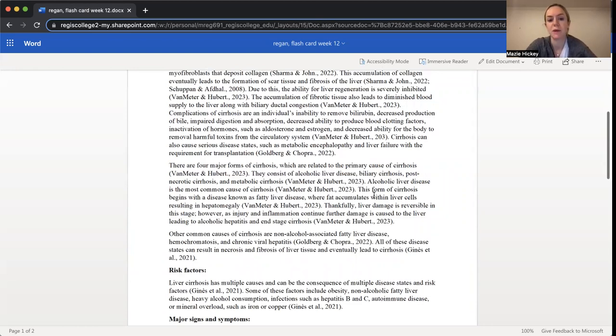However, if repeated injury and inflammation continues, like many times it does with alcoholism and heavy alcohol abuse, this causes further damage to the liver and leads to the disease processes that we spoke of earlier, causing alcoholic hepatitis and eventually end-stage cirrhosis, where there's just so much damage and scar tissue and fibrosis to the liver.